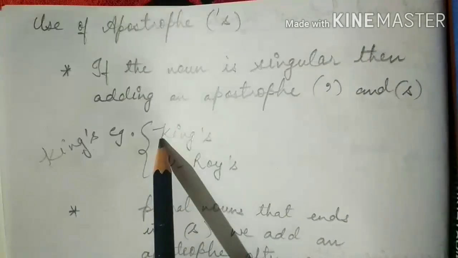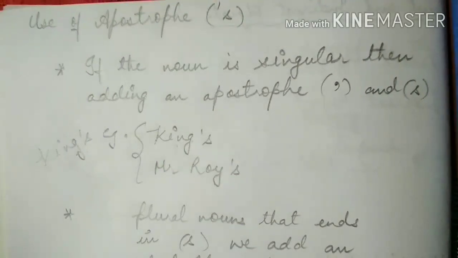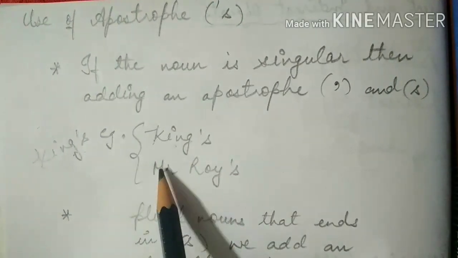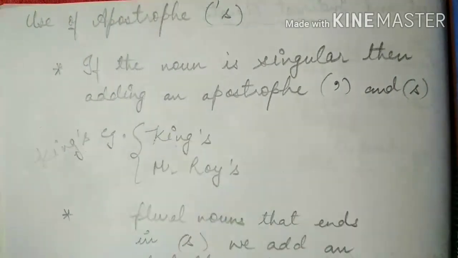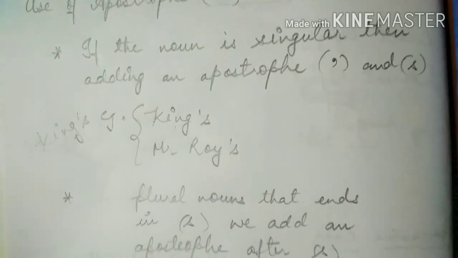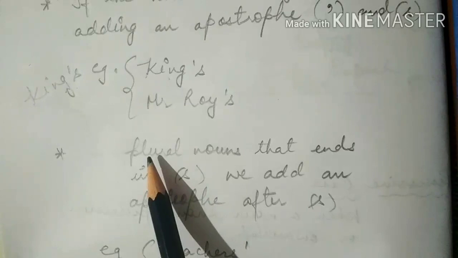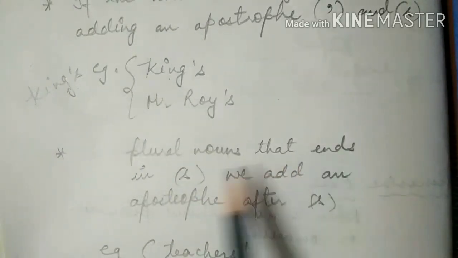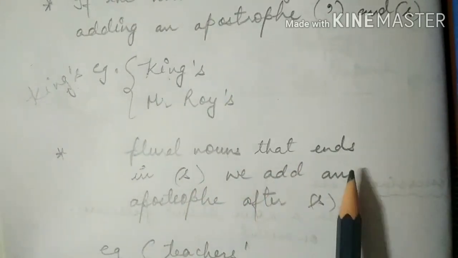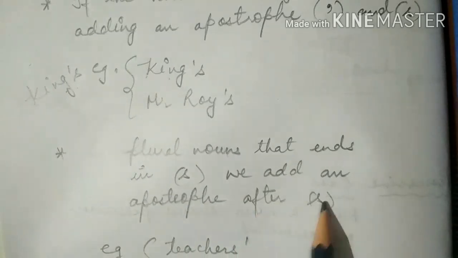That means we are talking about only one king. Fine. Similarly, Mr. Roy's. That means we are talking about only one Mr. Roy.